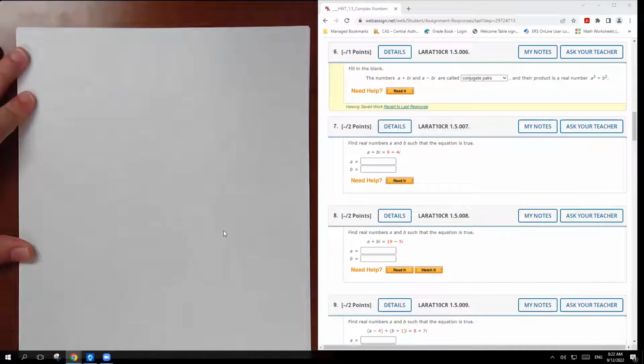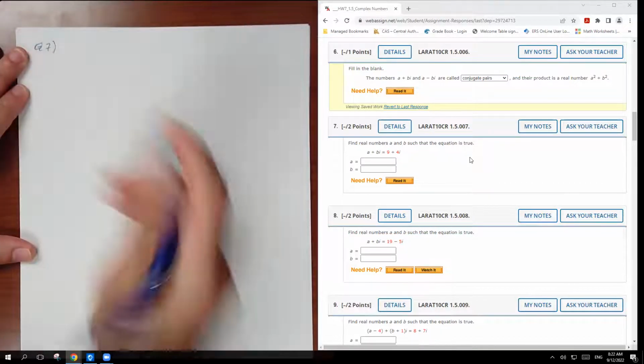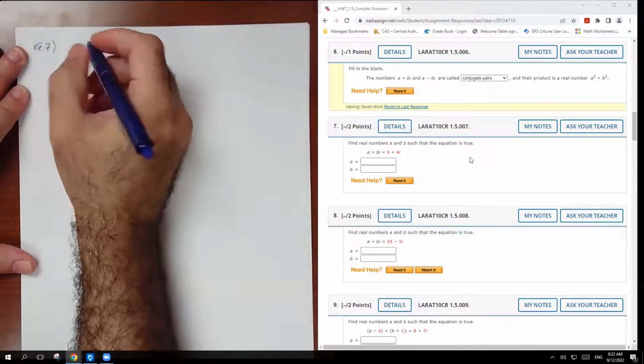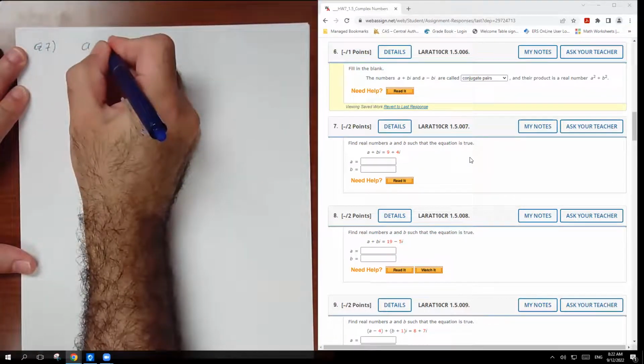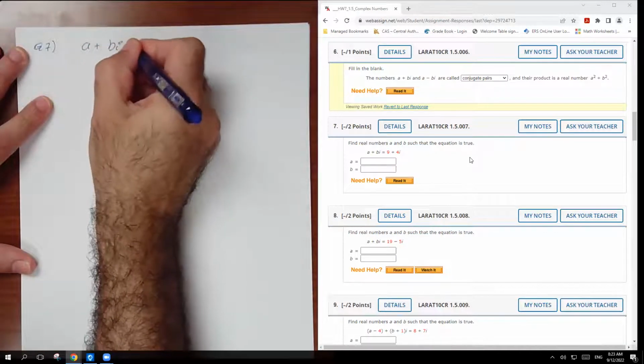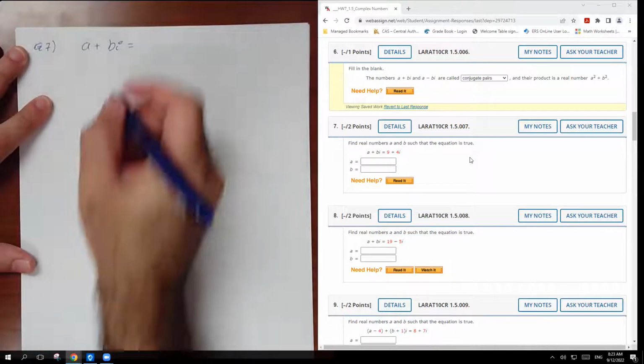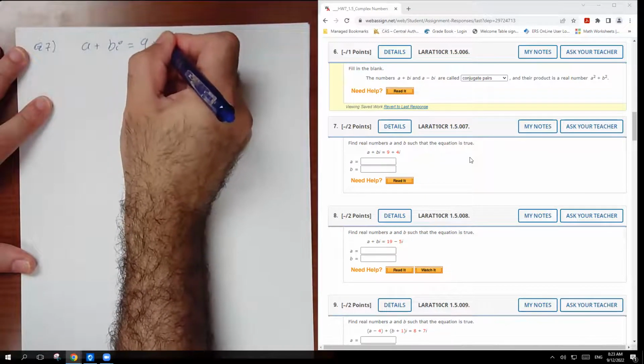Find the real numbers a and b such that the equation is true. So they just ask you to find a and b. Question 7, they ask you to find a and b. Check here. You have a plus bi equal to 9 plus 4i.